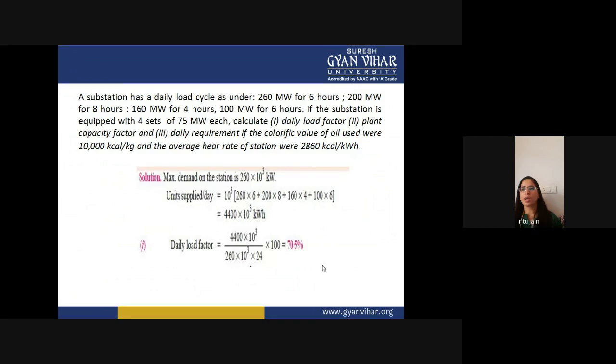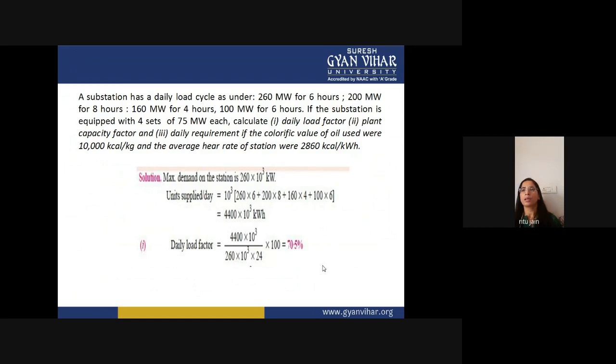A substation has a daily load cycle as under: 260 megawatt for 6 hours, 200 megawatt for 8 hours, and 160 megawatt for 4 hours. So different loads are given, and the substation is equipped with four units of 75 megawatt capacity each.